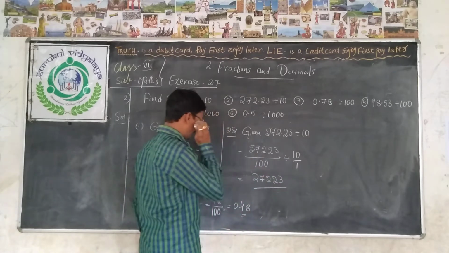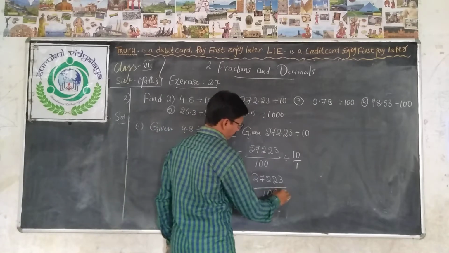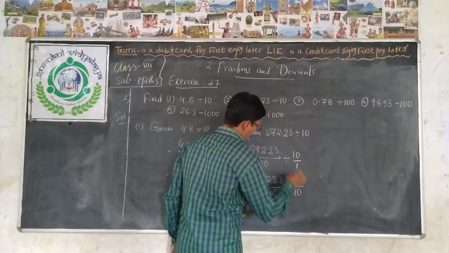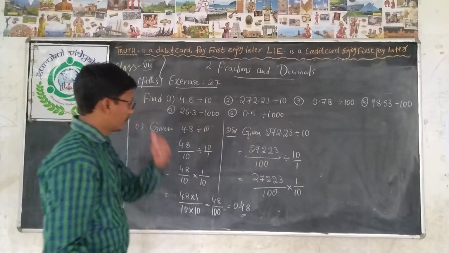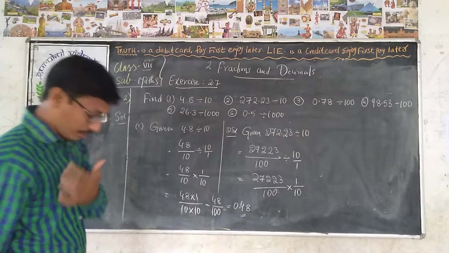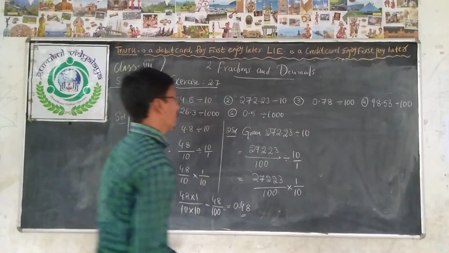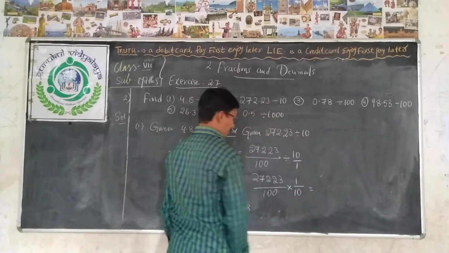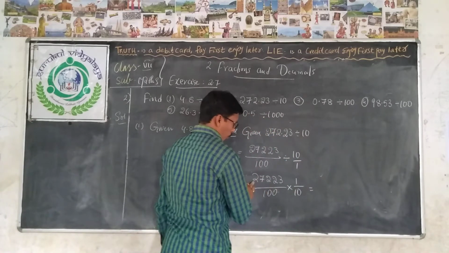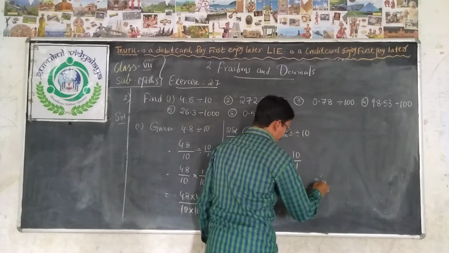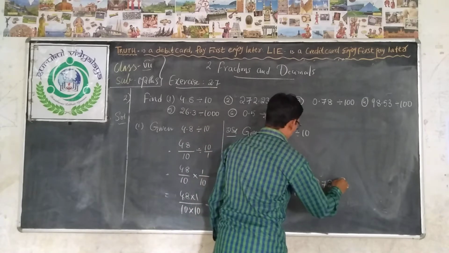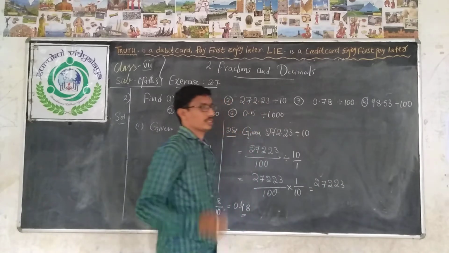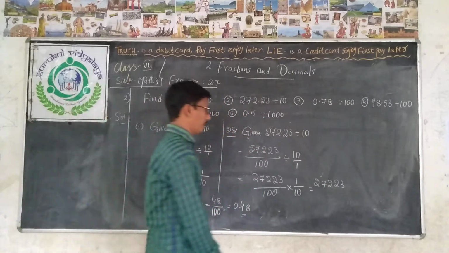That is equal to 27223 by 100 into 1 by 10. Understood? Continue: that is equal to 27223 into 1, again the same number will become 27,223. The same number will be there.